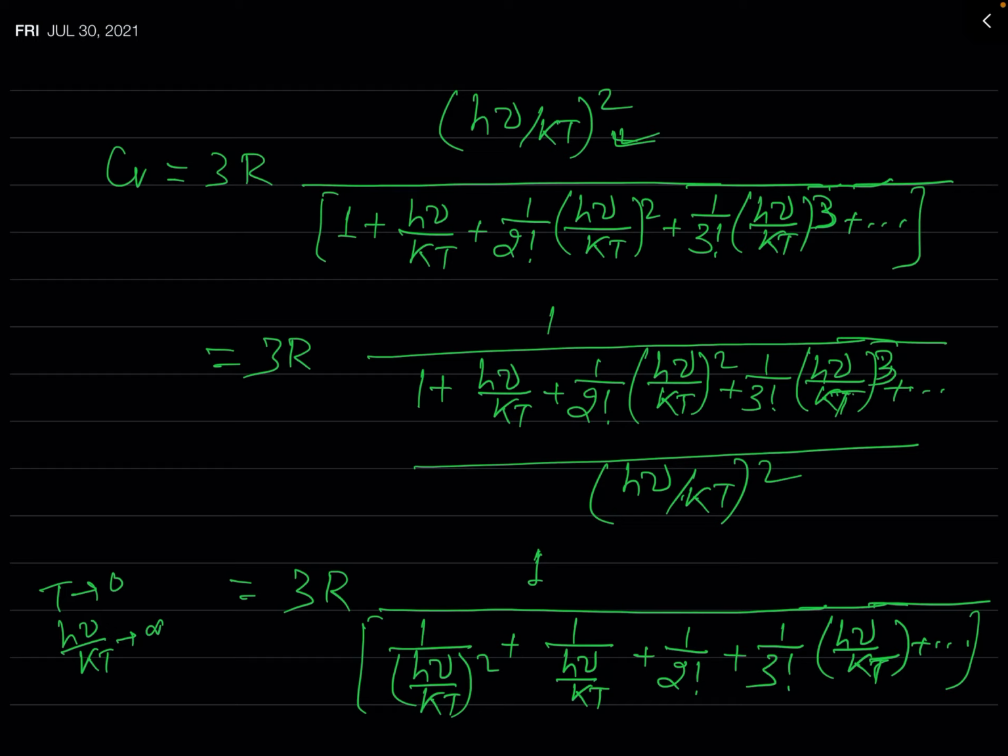So instead of hν/kT, write everywhere infinity. In this limiting condition, when T tends to 0, what will be Cv?